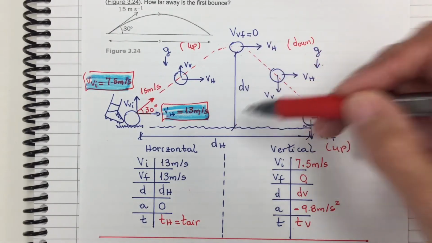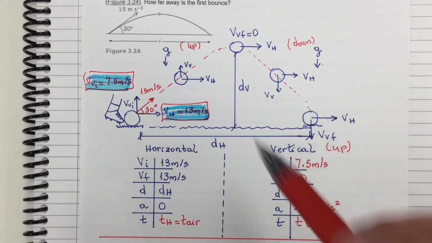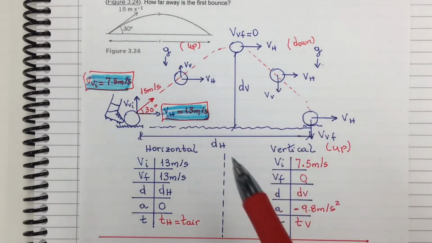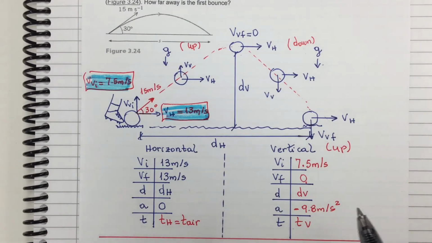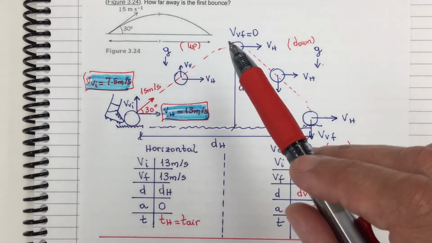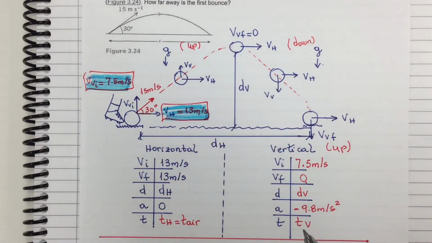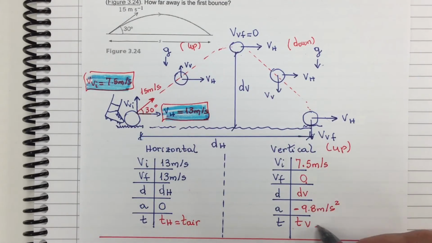And the acceleration going up, because it's decelerating, I personally prefer to indicate as negative 9.80 meters per second squared. And the time going up, I'm going to call TV. Actually, I'm going to call T up. That is easy to understand.